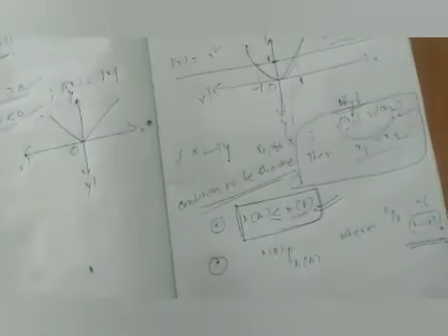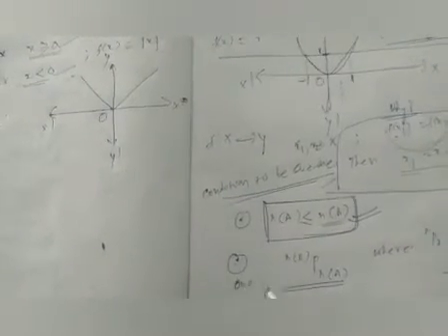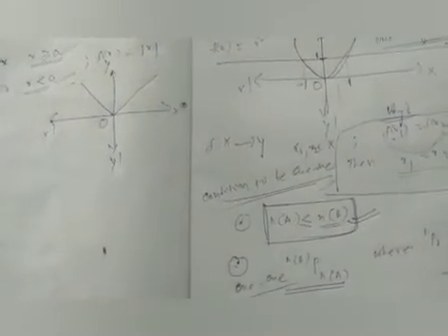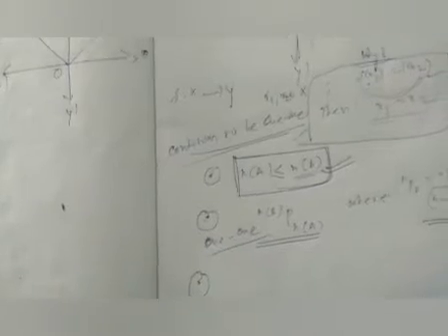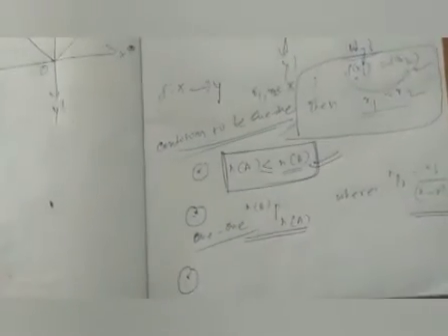Another point. This is the number of one-one functions defined from A to B, and what is the number of functions defined from A to B?